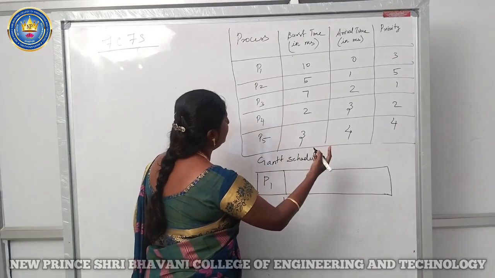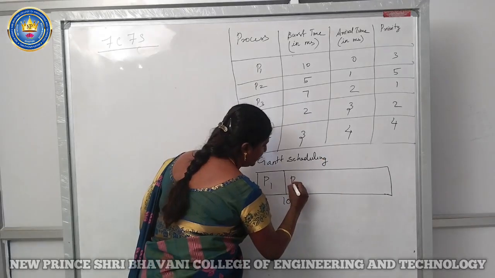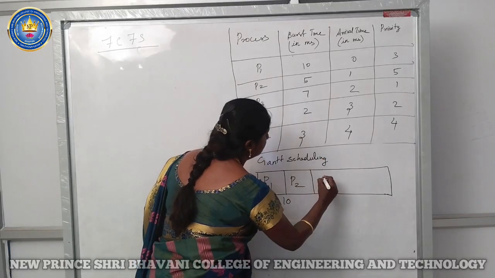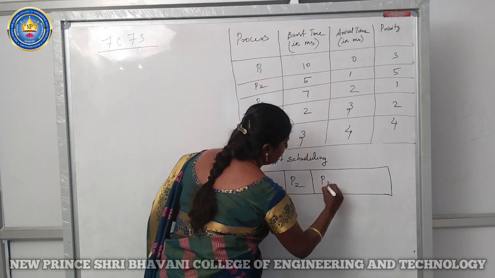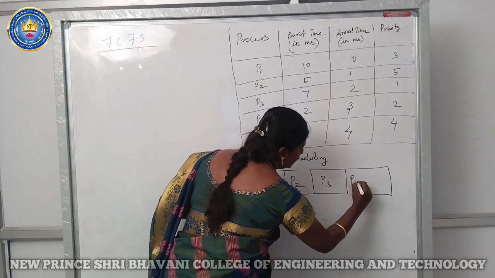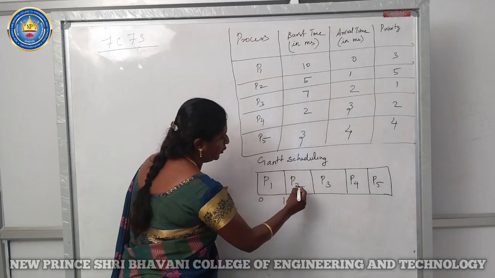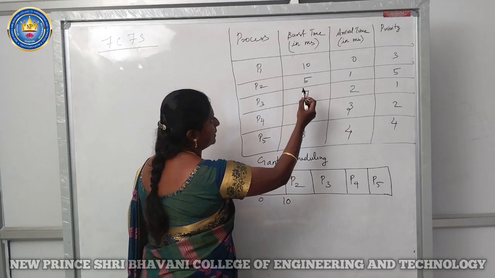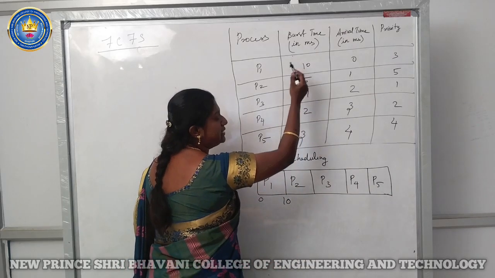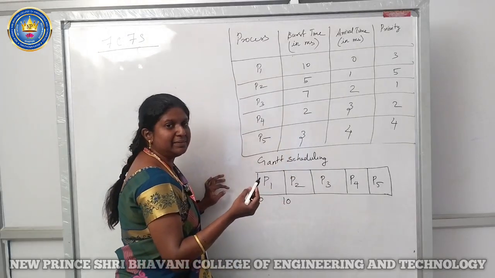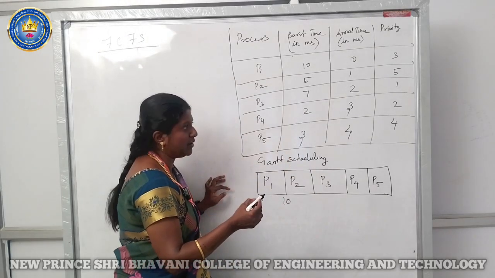The next arrival is P2, then P3, then P4, and then P5. P2's burst time is 5. Burst time is the time taken to execute on the CPU.